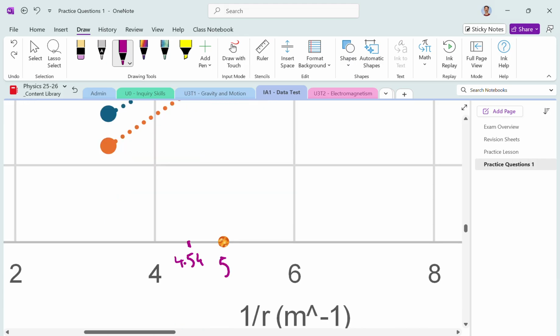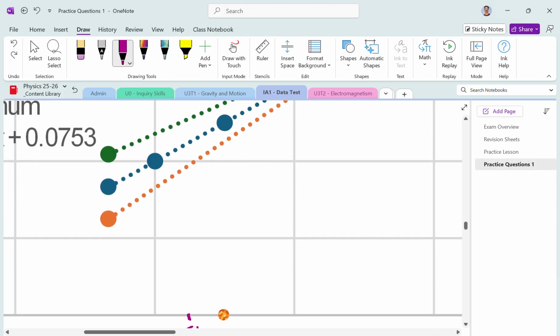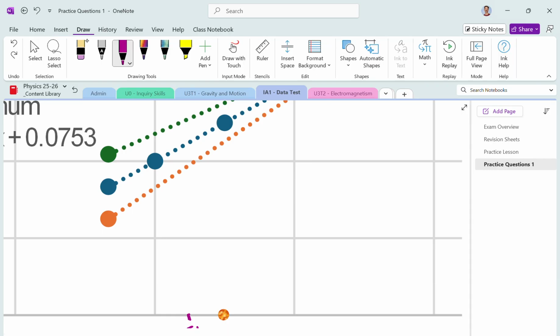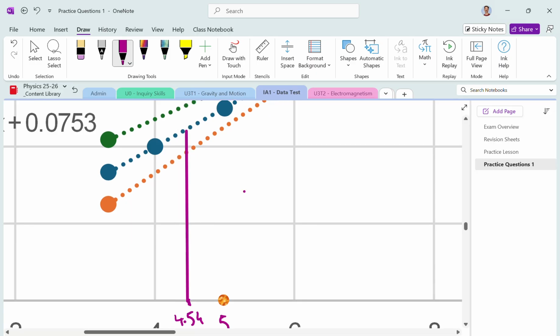I'm going to try, oh, nope. I'm not skilled enough to, oh, maybe I could just insert a line. Nope. Yes, let's go for a line from here up to around there.